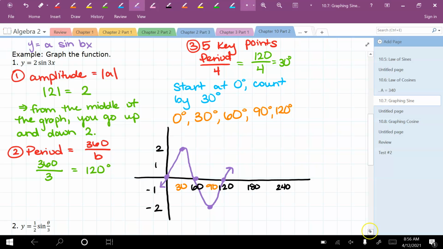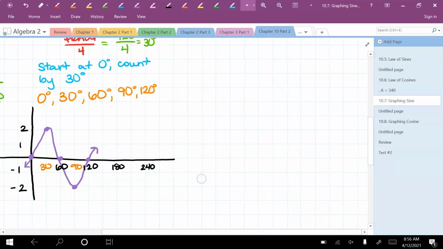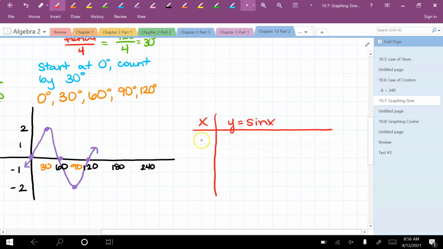If it helps you, I'm just going to add this in onto the side here. Like I showed you with that parent function up above, I said x and then y equals sine of x, and those numbers were 0, 1, 0, -1, 0.